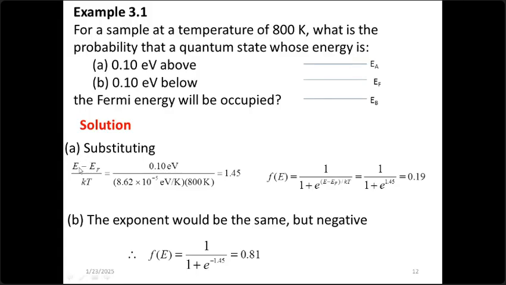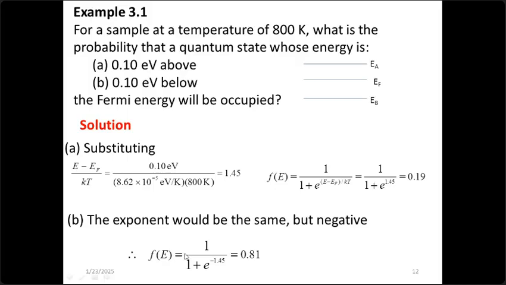The question was, what is the probability of a quantum state with this energy being occupied? So the probability of an electron being in this level, which we have labeled EA, is 0.19. Then we want to determine the probability of an energy state below the Fermi level being occupied by an electron.